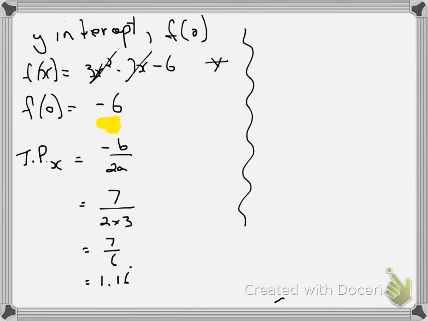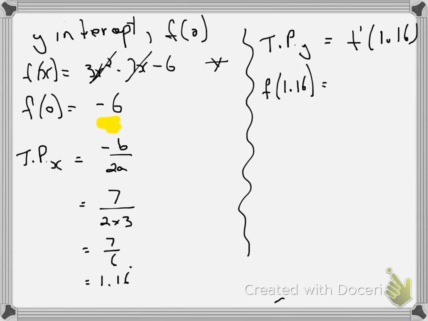I also need to find the turning point y. So I'm going to write t, p, y, and that just equals f of 1.16 recurring. So f of 1.16 is going to equal 3 by 1.16 squared minus 7. I'll tell you what I'm going to do. I am going to just go to a brand new page and do this.